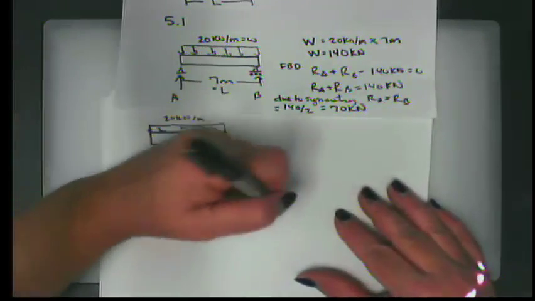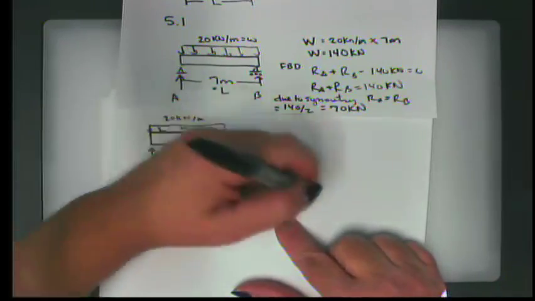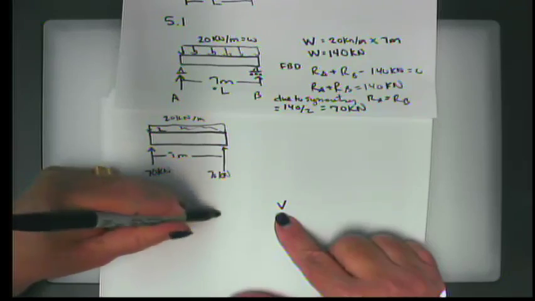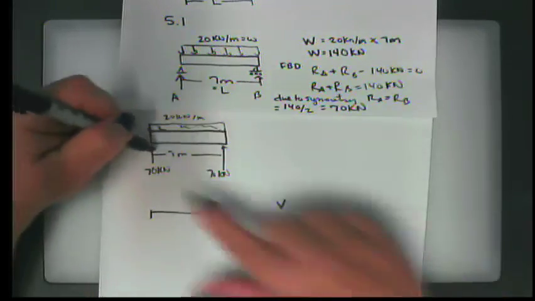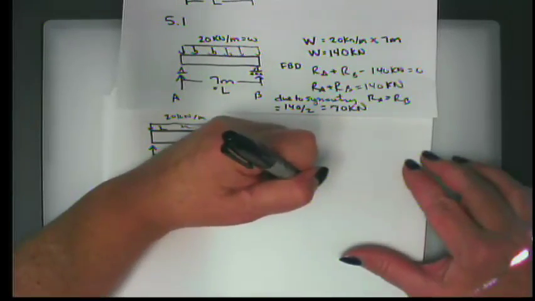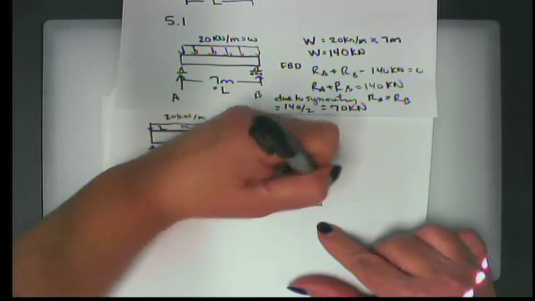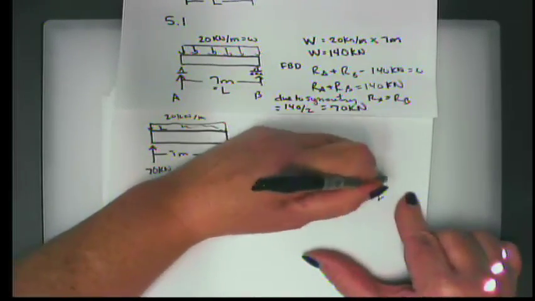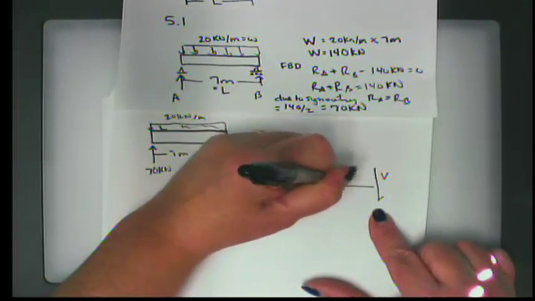But what does our V diagram look like? Well, this is a little bit more complicated. It's not difficult, but we need to think about what's going to happen. In this case, let's say that I have this reaction at A, which is 70 kilonewtons. And as I go across the beam, if I cut on one end, I also have this W force pushing it down.